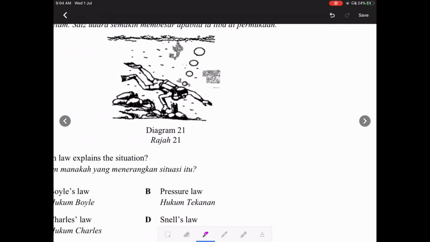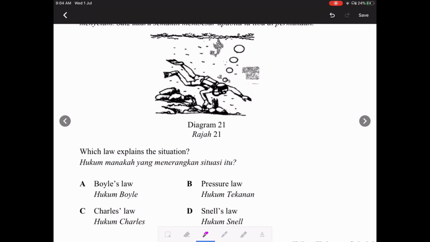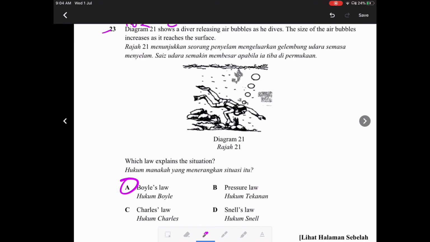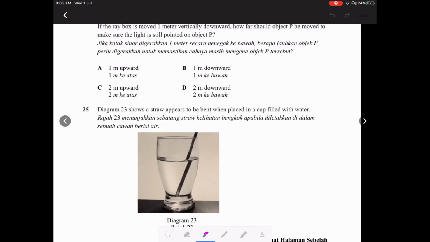So ini pressure dengan volume. So ini ialah Boyle's law. So the answer is A. Okay, soalan 23. Next.